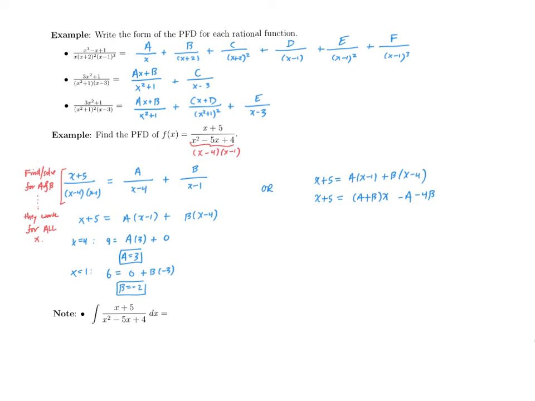And an observation that we can make is we have a first-degree polynomial equal to a first-degree polynomial. And the only way two polynomials can be equal is if each and every one of their coefficients are equal. That is to say, A plus B in front of the x must be equal to 1, and minus A minus 4B must be equal to 5.